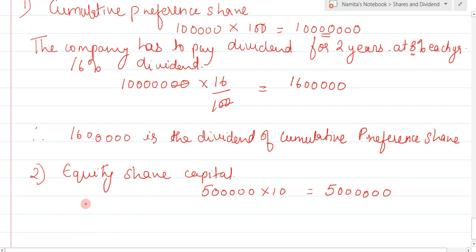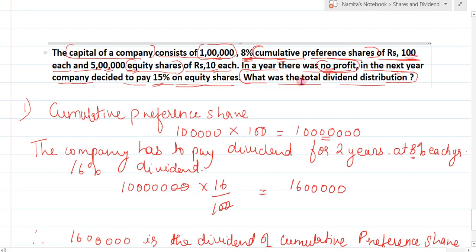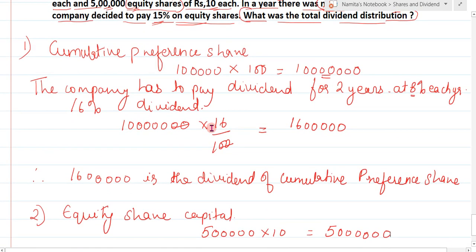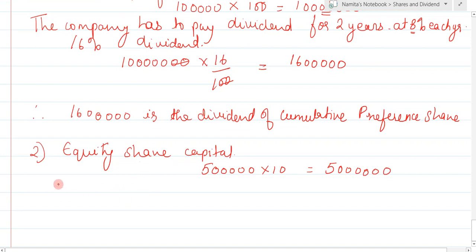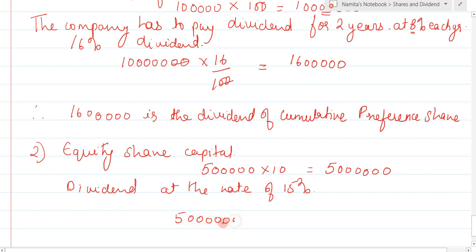And the company decided to pay dividend of how much? 15% on equity share. So dividend at the rate of 15%. Okay, so 50 lakhs multiply by 15 upon 100.